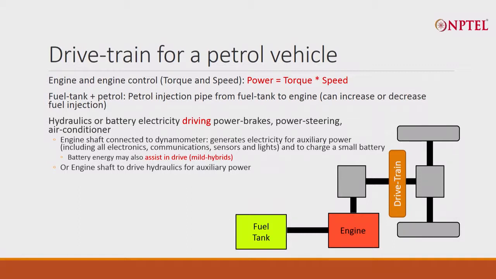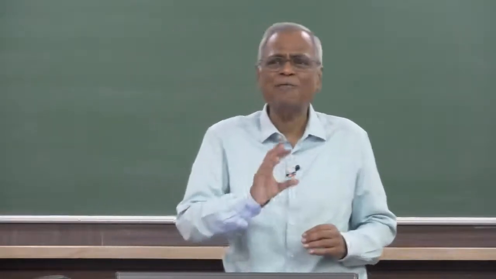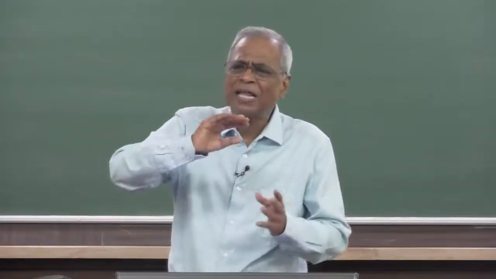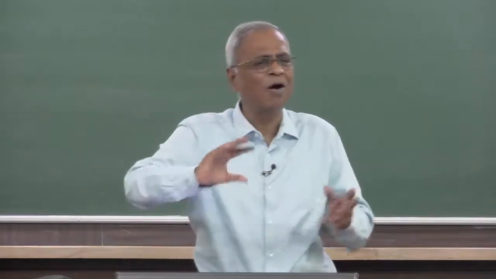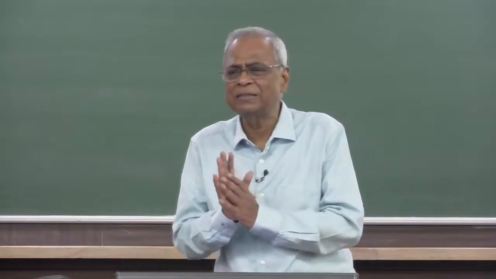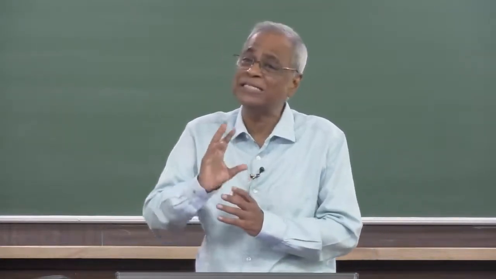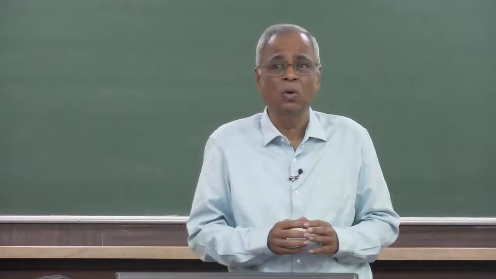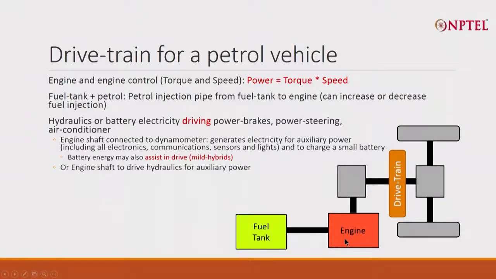So, you have two drives, one is petrol driven, another is electric. So, this is what is called mild hybrid. This is the very early starting of electric vehicles, not really electric vehicles, but the electric part of it, the motor, is assisting. So, that kind of are called mild hybrids. We will not discuss the various mild hybrids and all that, but that is what is done.